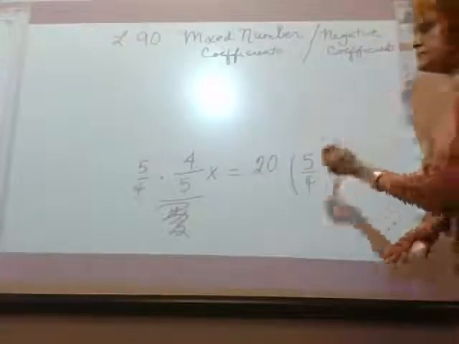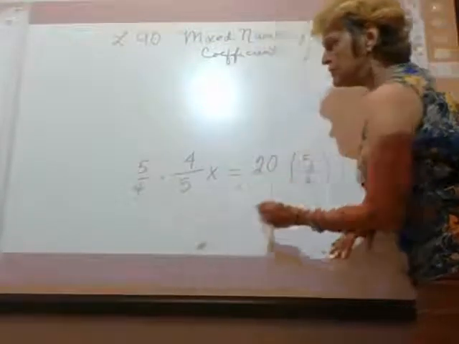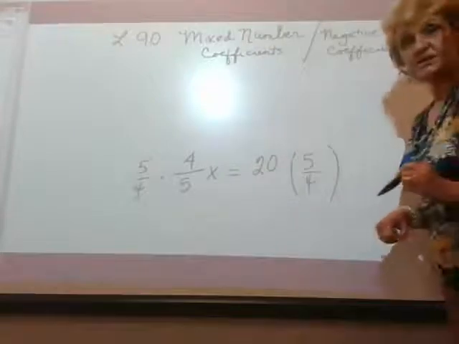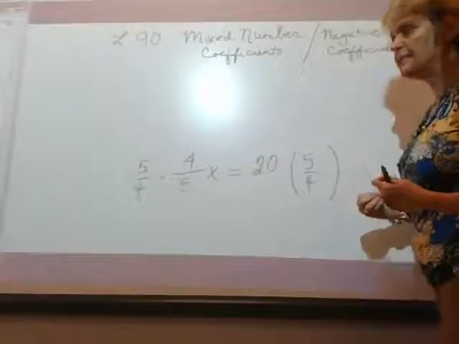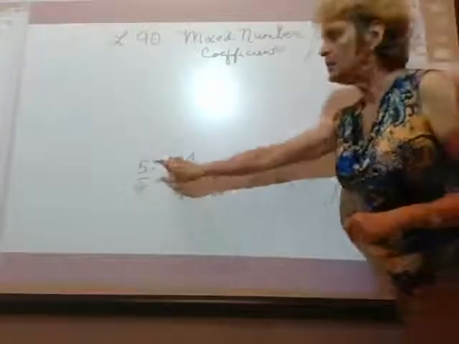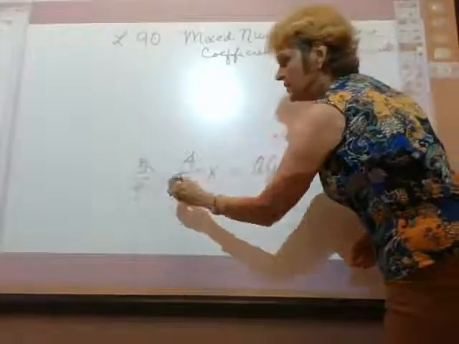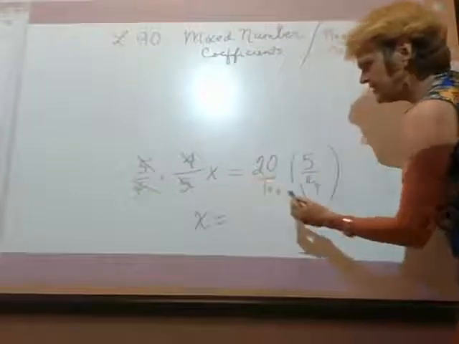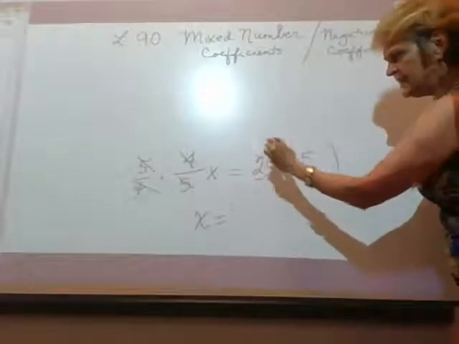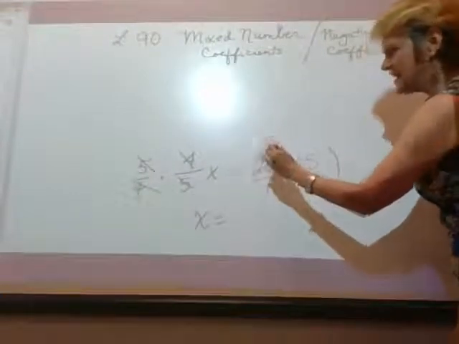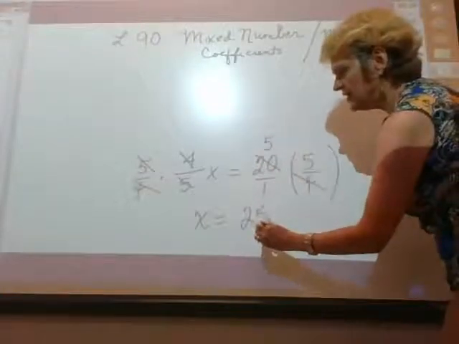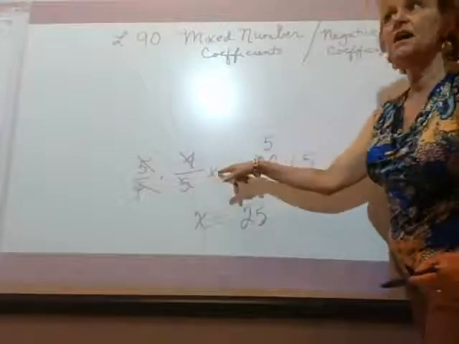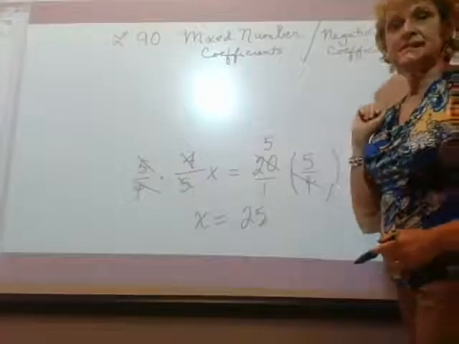We always have to do the same thing to both sides of an equation to keep it balanced, all right? So when we had a fraction, we multiplied by the reciprocal of that, right? We got 1x, and here we said 4 into 20 is 5, and 5 times 5 is 25. So 4/5 of 25 is indeed 20.